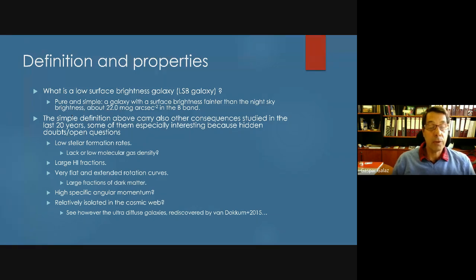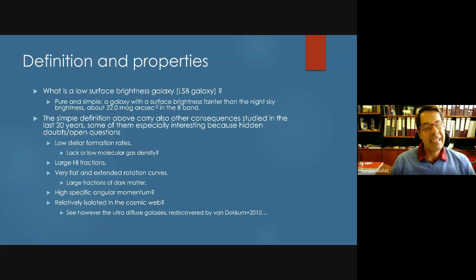Another interesting property that is very interesting to be studied with the models of galaxy formation and in the cosmic web is that most of these galaxies are relatively isolated. Generally, they are not part of rich or dense groups. However, it's interesting to point out that these ultra-diffuse galaxies rediscovered by van Dokkum in 2015 lie in clusters, right?